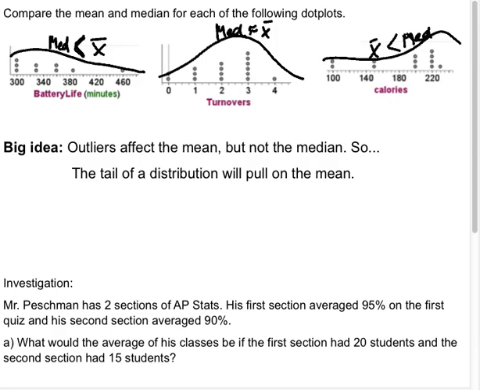This time the mean is going to be smaller than the median. So again, keep all of those things in mind. Have those mental pictures of the tail pulling on the mean, but not really pulling on the median.